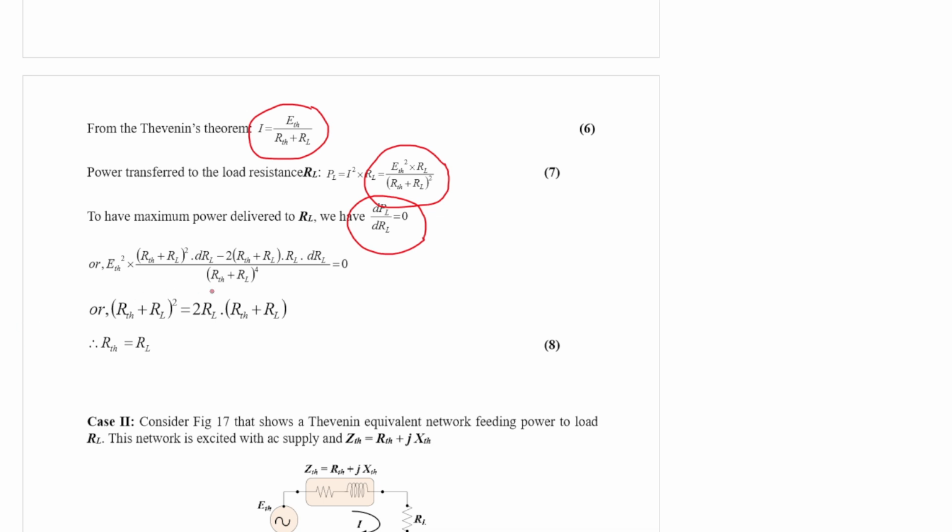If you take the derivative and solve, you will get RTH equal to RL. At that point maximum power is transferred from the source to the load. That is case number 1, strictly for a DC network.